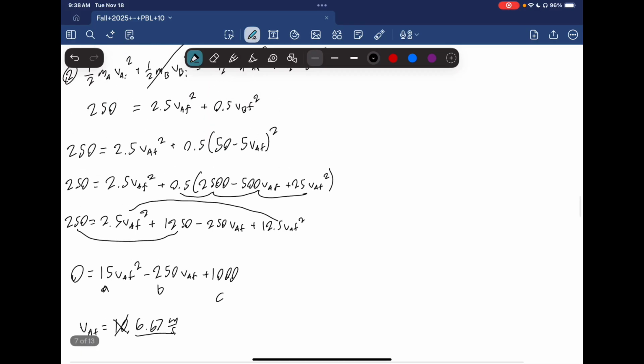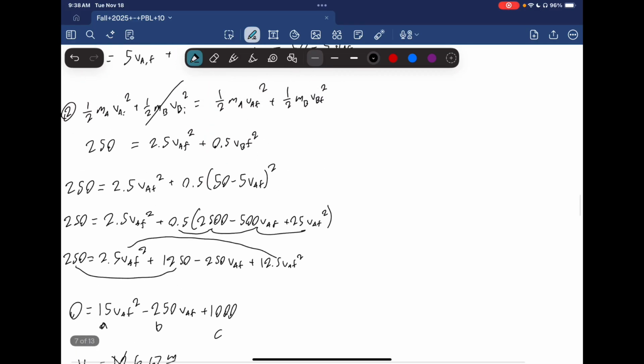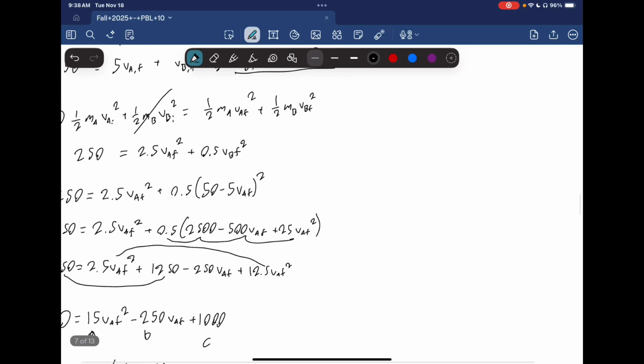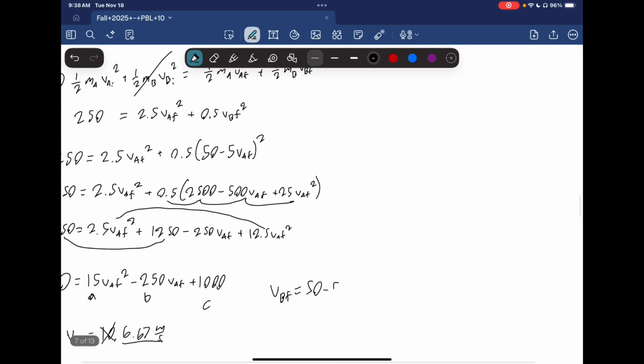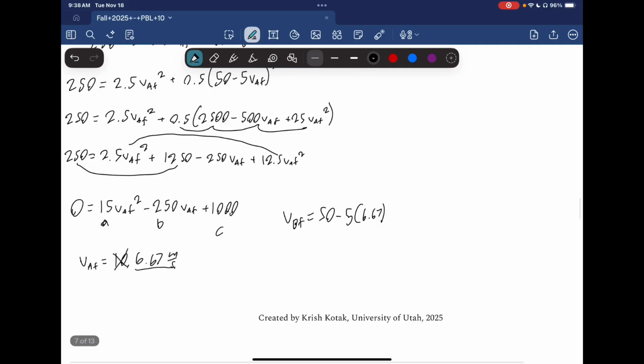So now we can just plug that in for our earlier equation we found up here for VBF. So we have VBF equals 50 minus 5 times VAF, which is 6.67. So VBF, if you do that math, is going to equal 16.7 meters per second.